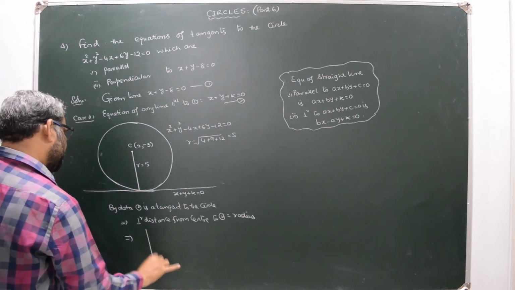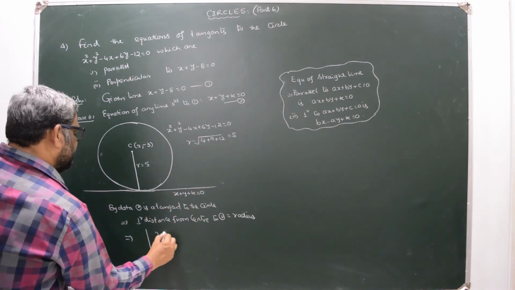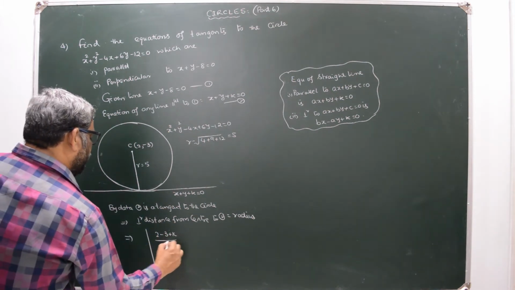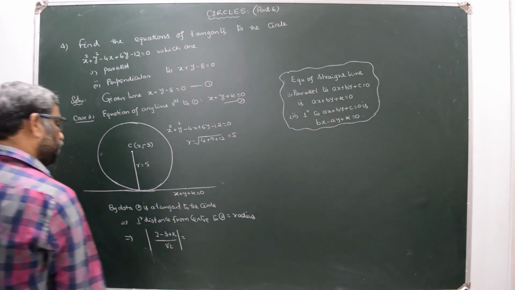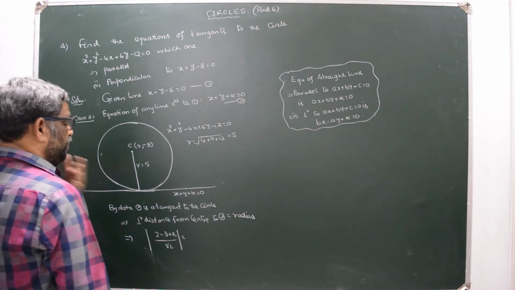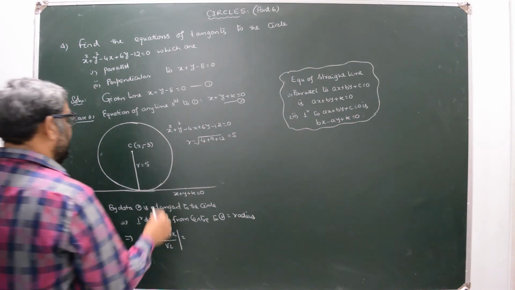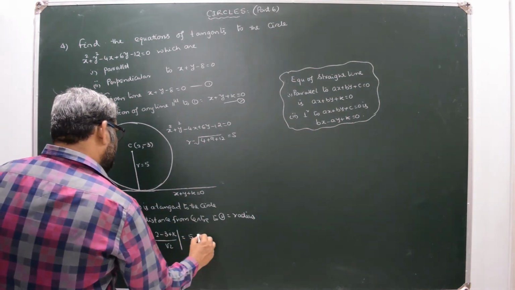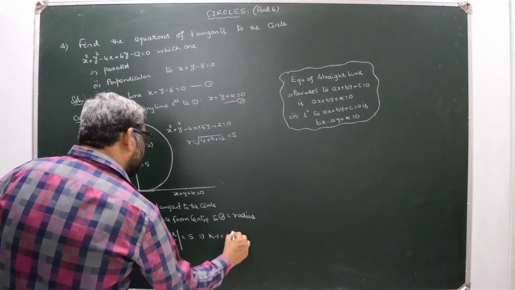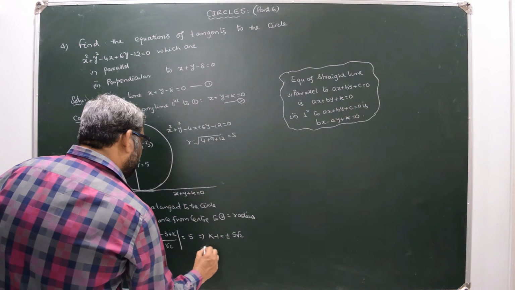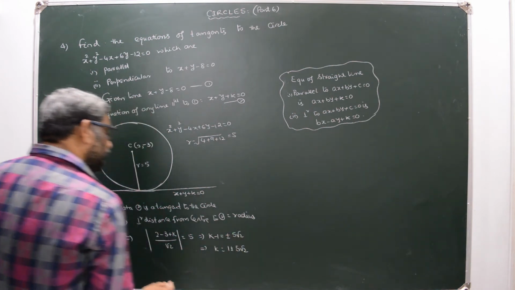Let us take the perpendicular distance from (2, minus 3): (2 minus 3 plus k) by root 2. I already told you, (ax1 plus by1 plus c) by root of a square plus b square is equal to 5. It implies k minus 1 is equal to plus or minus 5 root 2. So k is equal to 1 plus or minus 5 root 2.